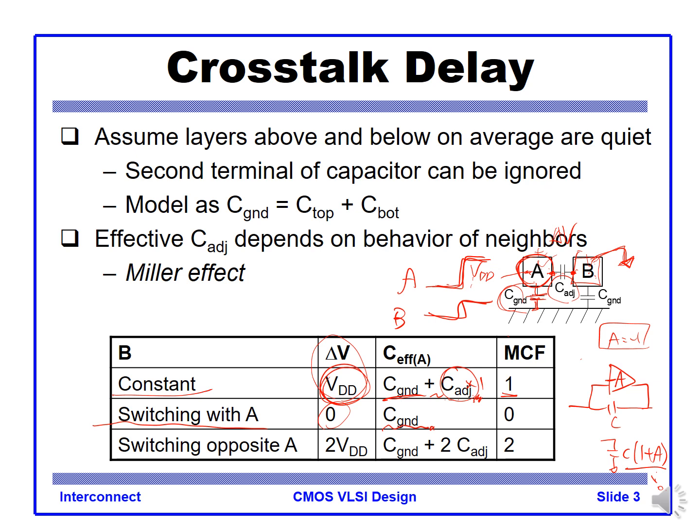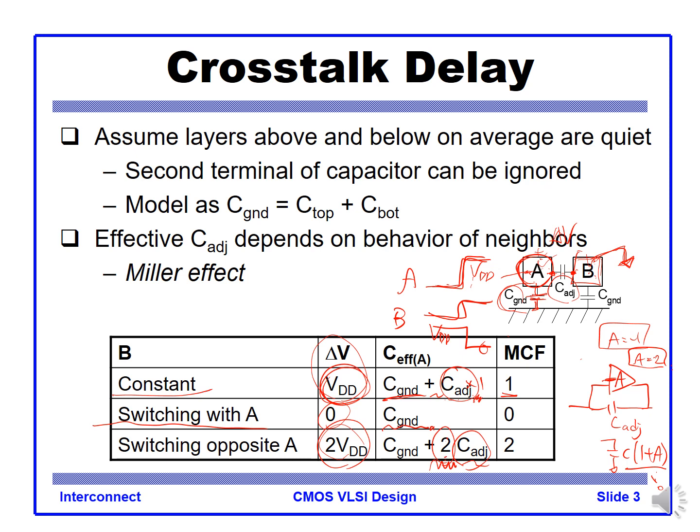However, if we make B switch differently, like from VDD to 0, in the opposite direction, then the voltage difference will be 2 VDD between A and B. So the gain of the amplifier between the adjacent coupling capacitance looks equivalent to A equal to 2, right? This is the opposite direction, but the voltage difference is 2. So the adjacent capacitance is amplified by 2, like a gain there.